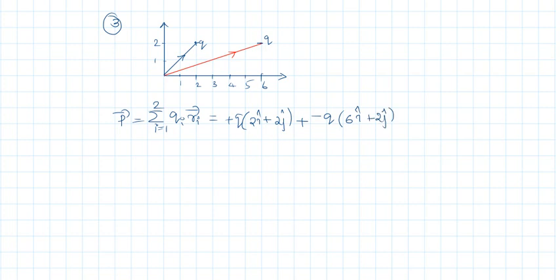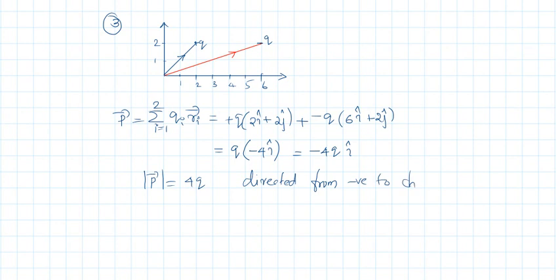So adding the similar terms, q into 2i minus 6i, it is minus 4i, and 2j minus 2j is zero. So it is again minus 4q i cap. Magnitude is 4q directed from negative to positive.